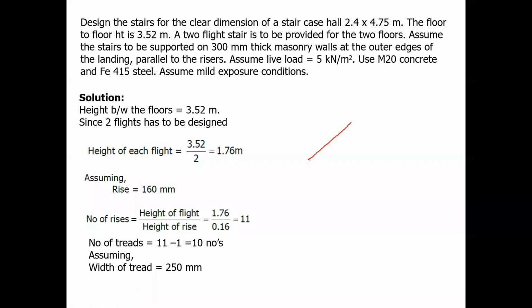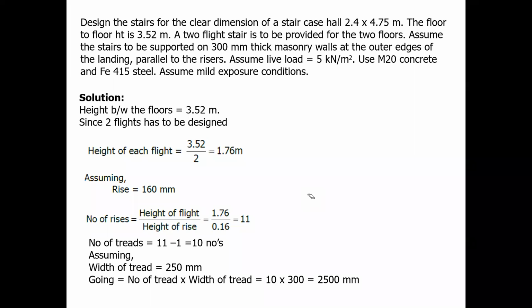When you consider a stair like this, from one point to another point you are moving, right? So the horizontal distance is known as going. Is that clear? Okay, any doubt? Take down. Going is equal to number of treads into width of tread.